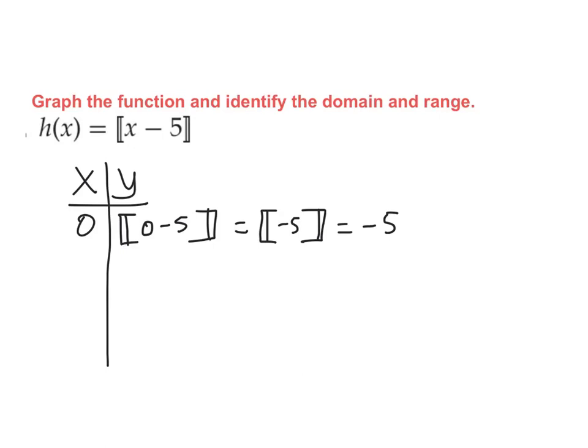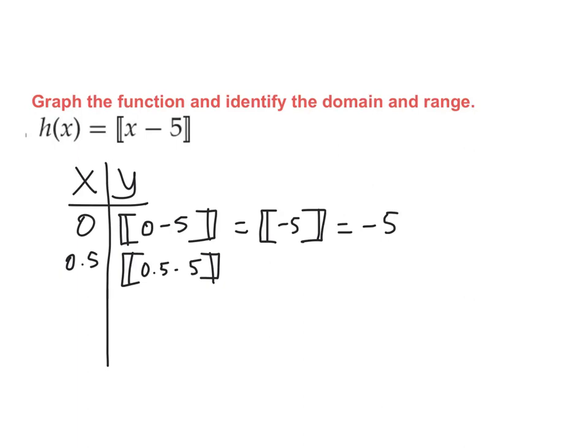Correct. So if it's not an integer, and I'm about to show you an example of that, it will take it down to the next smallest integer. So I'm going to choose 0.5 for my next one, because I know that that's going to give me something that is not an integer, right?